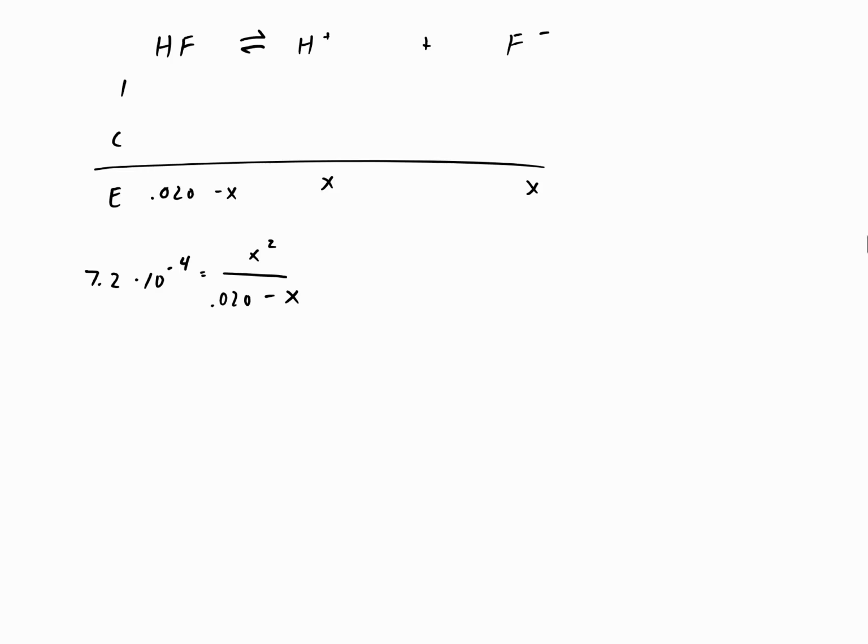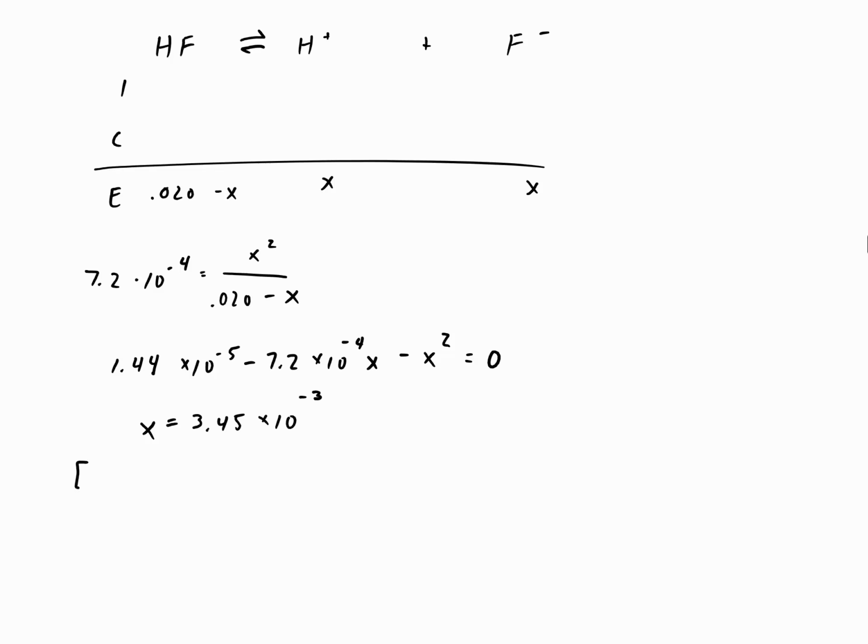If we set this up, we're going to get 1.44 times 10 to the negative fifth minus 7.2 and so on. I ended up using the quadratic, it looks like, in my notes, and x is going to be equal to 3.45 times 10 to the negative third.